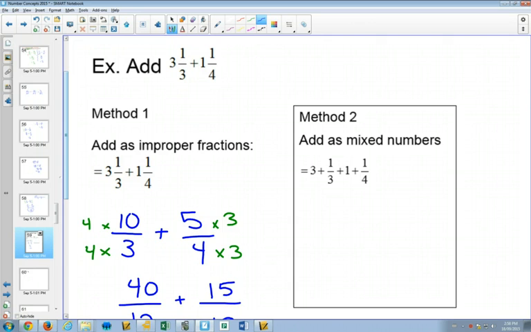And then you would have the following. 3 plus 1/3 plus 1 plus 1/4. And if we add things together, what is 3 plus 1? We get 4. So I can write this as 4 plus 1/3 plus 1/4.